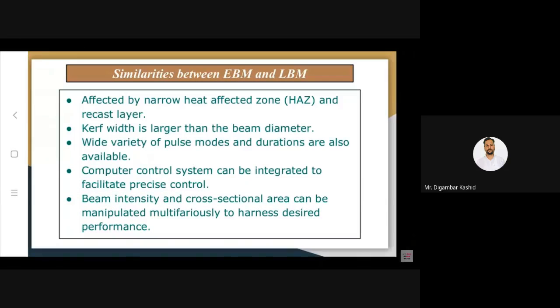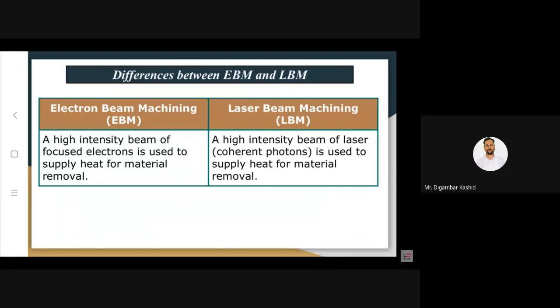Okay, so these are the similarities. Now let us discuss the differences between EBM and LBM, that is electron beam machining and laser beam machining. So here I have made two columns. In first column you can see the points related to EBM, and in second column you can see the points related to LBM.